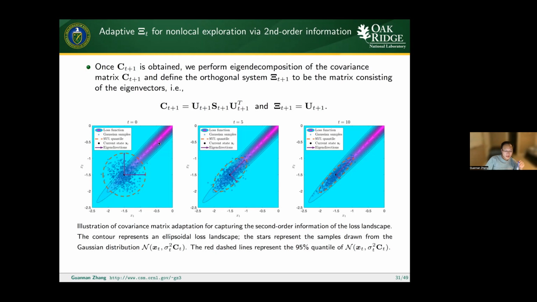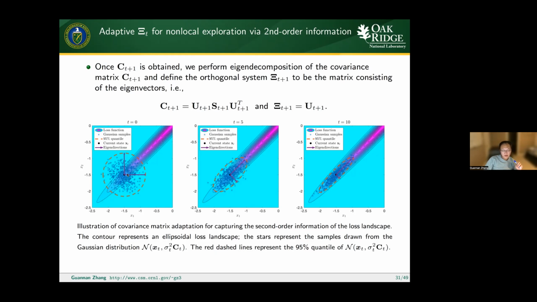The way that CMA works is that at each stage, it draws a bunch of samples, starting with the isotropic or standard Gaussian distribution. Once you draw those samples, you evaluate the loss function at all of them and rank them by the loss values.